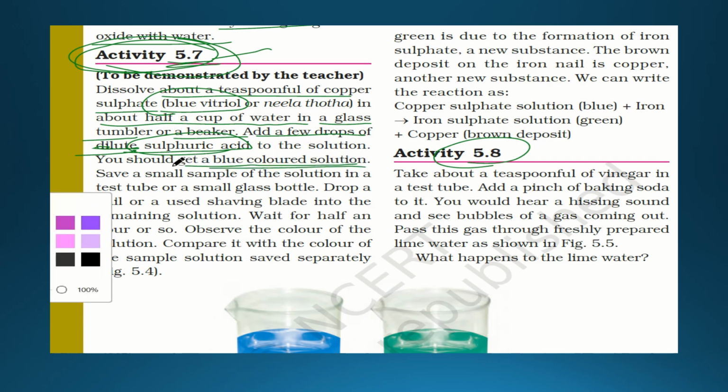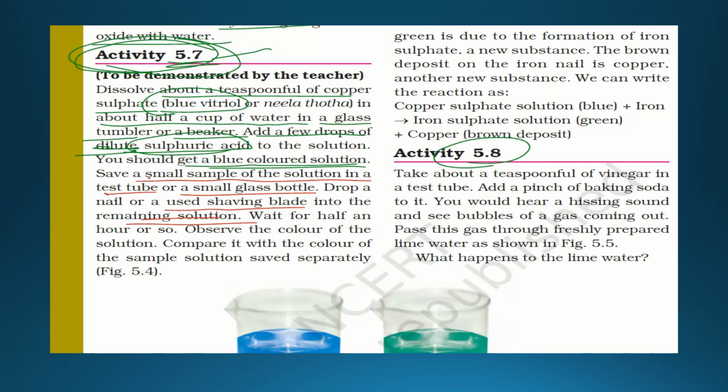Now save a small sample of solution in a test tube. So from this solution you are taking out a part and saving it in the test tube or a small glass bottle. Now you are dropping a nail or a used shaving blade into the solution which you have prepared with water, copper sulfate or blue vitriol, and a few drops of sulfuric acid.